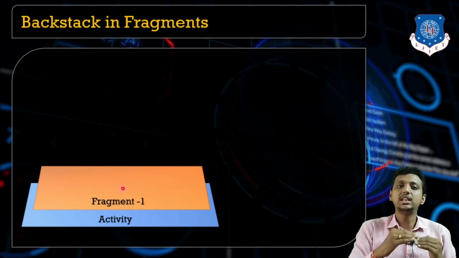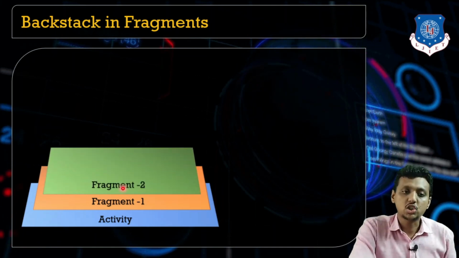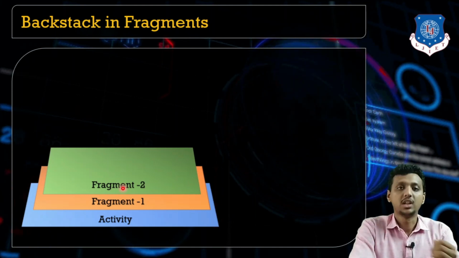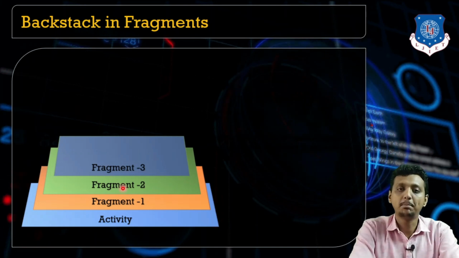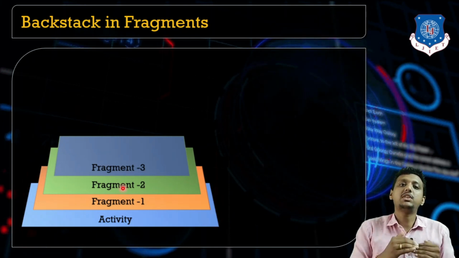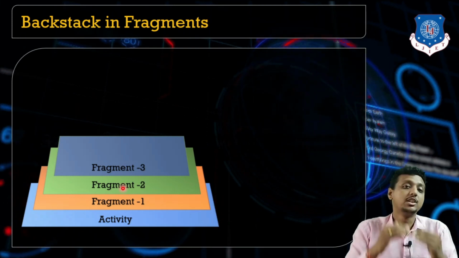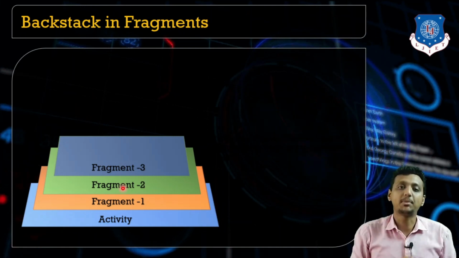On any click of an action, we may get fragment number 2. Again, if I want to add a fragment, we'll get fragment number 3. So this is the activity, and on the activity we have fragment 1, then fragment 2, then fragment 3. This is how the backstack works. This is the stack of the fragments.